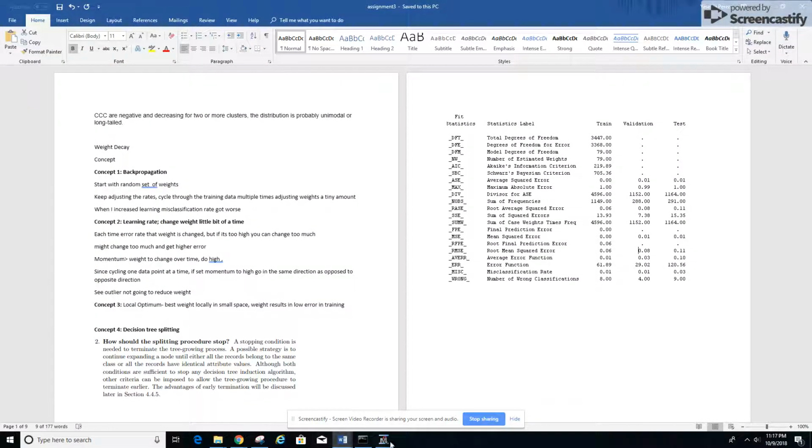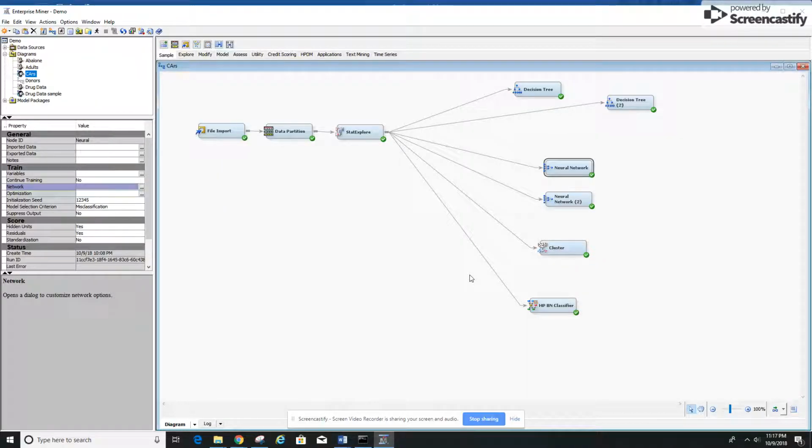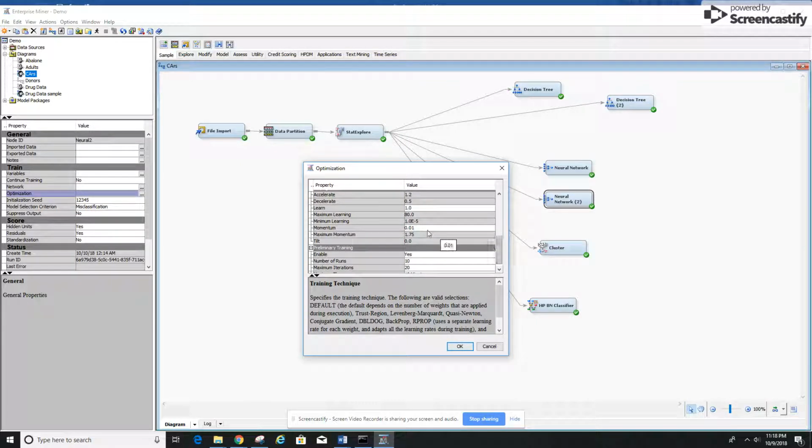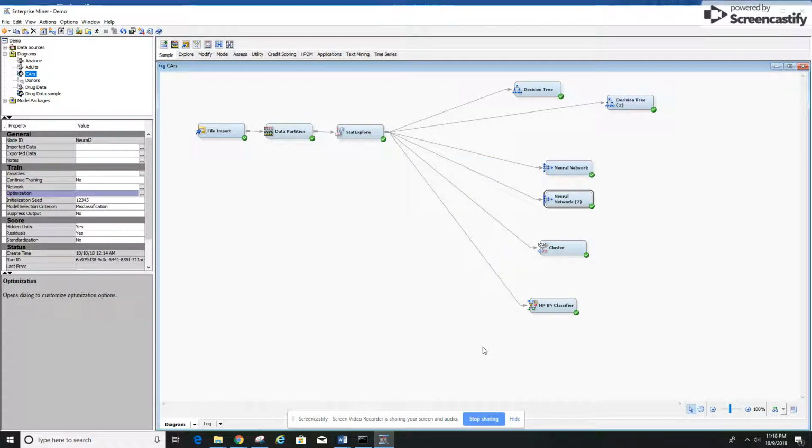So the other concept I decided to play around with was the back propagation. In my second one, I actually switched the training technique to be back propagation, and I looked at how adjusting the rates, the weights would impact my misclassification rate.